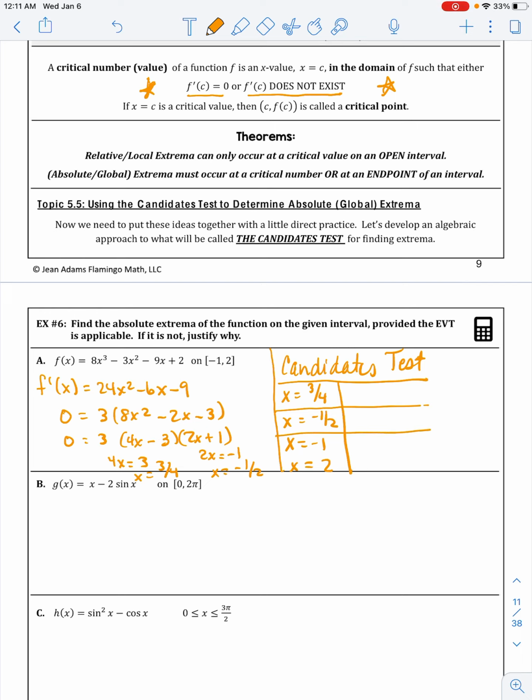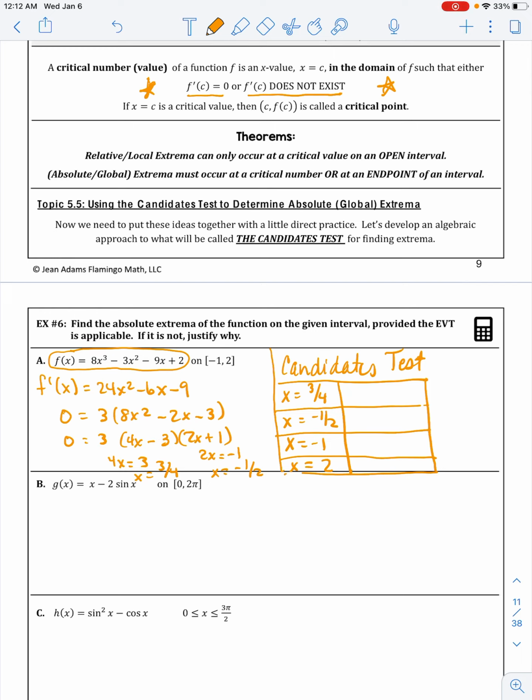So now we're going to look at what the values are of the function at these points. We're basically just taking 3/4 and putting it into our original function, and seeing what we get.